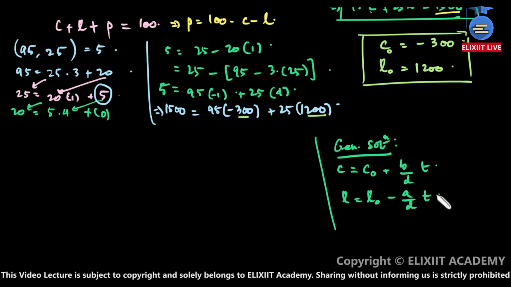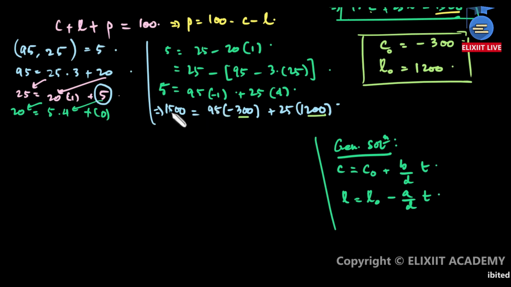In terms of X only, X is X naught plus B by D into T, and Y is Y naught minus A by D into T. So what is C naught? C naught is minus 300. So find out what C is in this case.